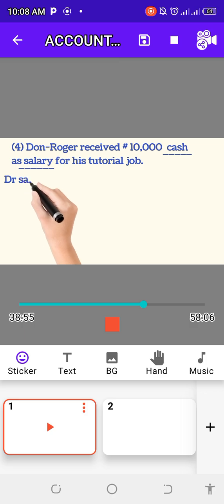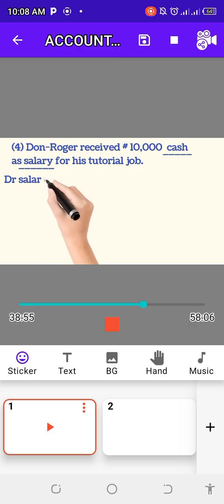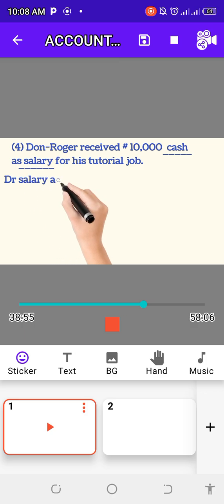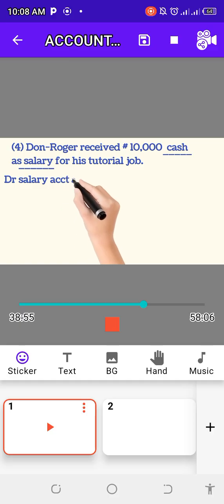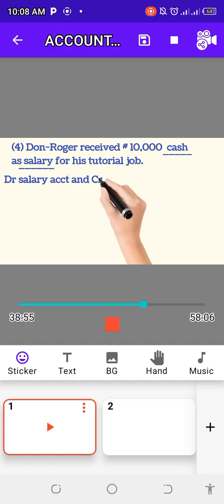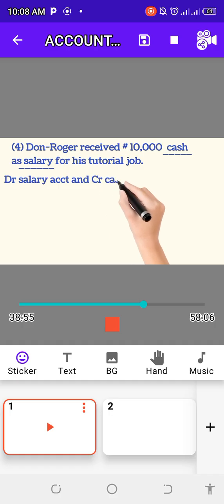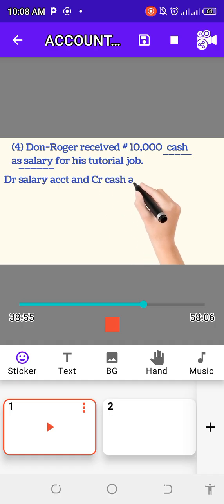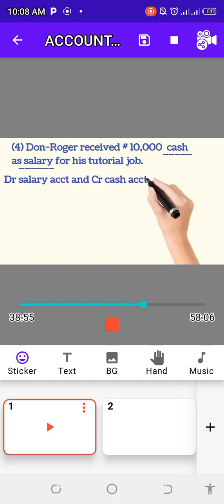Salary account is an expense account and it receives, so it has to be on the debit side. So we say it receives cash. So what we are going to do is to debit salary account and credit cash. Debit salary account and credit cash.